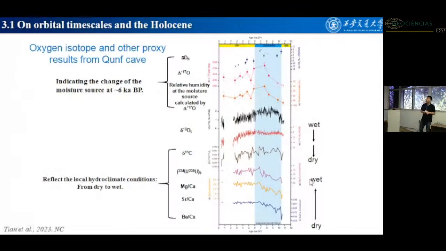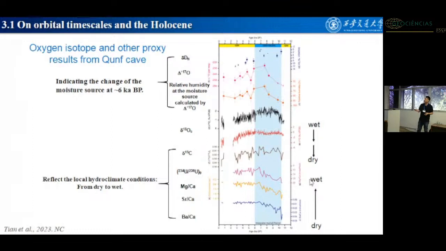Recently, our group has another work by Tian. This paper was just online yesterday. And he did the multi-proxy study from Qunf Cave. This is a famous speleothem published by Dominik Fleitmann in 2003. This is its oxygen isotope record.